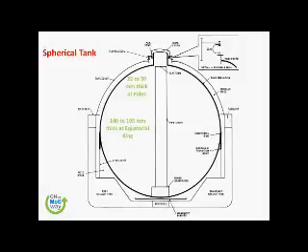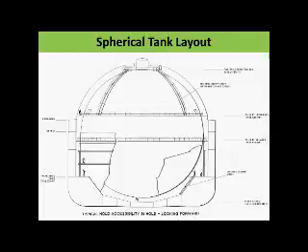So this is a Moss type spherical tank. This is the layout of a spherical tank. There is one person standing here, so you can understand how big the tank is. And this is the equatorial ring area here, and this is where all the load of the tank is transferred to the ship.